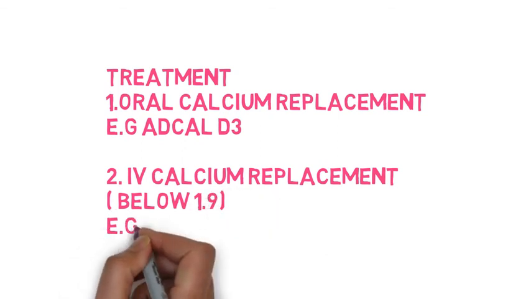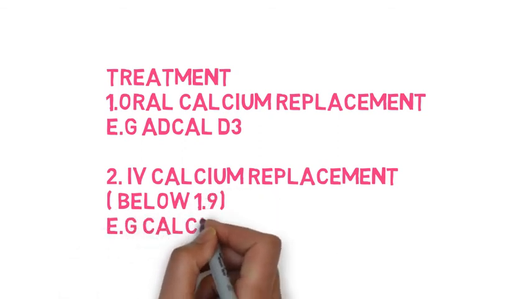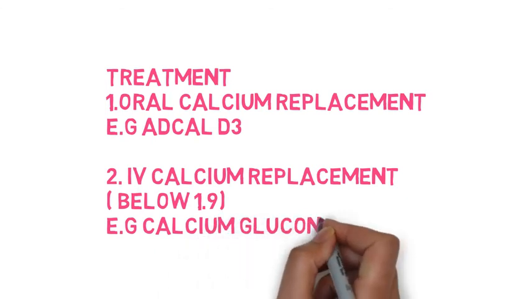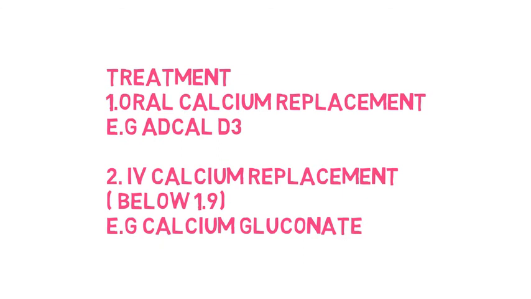And you have to be aware also of the different things causing low calcium and high calcium. As we've mentioned, the common causes of high calcium are malignancy or hyperparathyroidism, vitamin D increase.